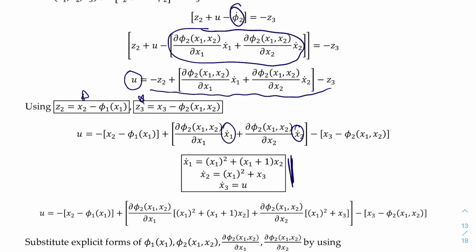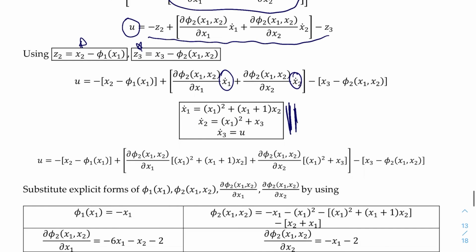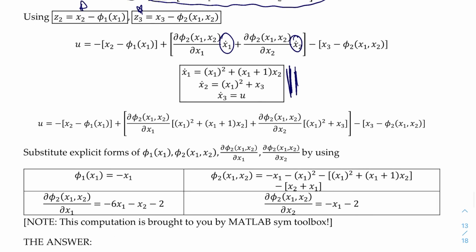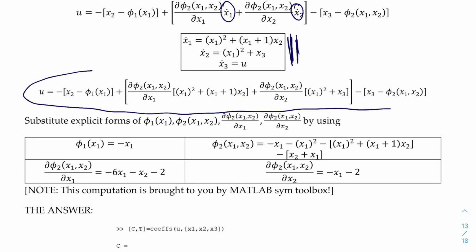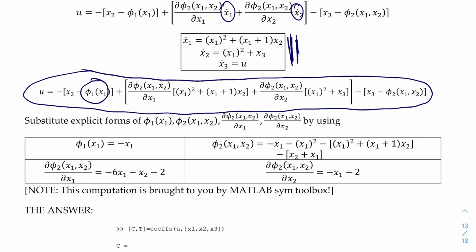the original transformations, and by using them we will have x1 dot and x2 dot. By using the original dynamics, we just substitute. And u is this, and recall that we need to substitute the explicit representation of phi 1, phi 2 derivative, and partial derivative of phi 2, and here we have phi 2.